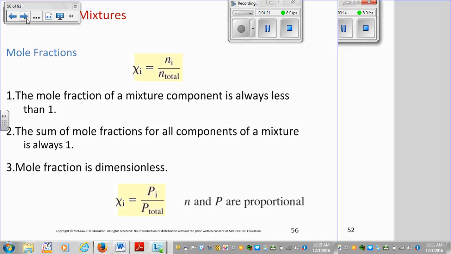You can also figure out mole fractions by looking at the ratios of the pressures. So you can take the pressure, P sub i, of an individual gas and divide it by the total pressure of the mixture to get the mole fraction.